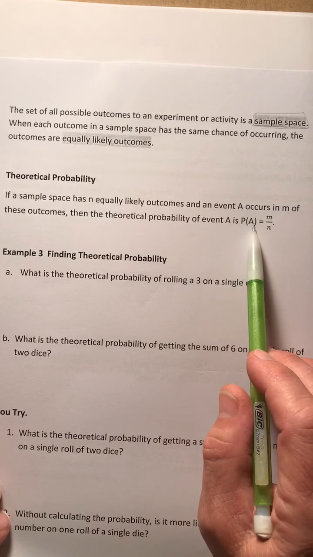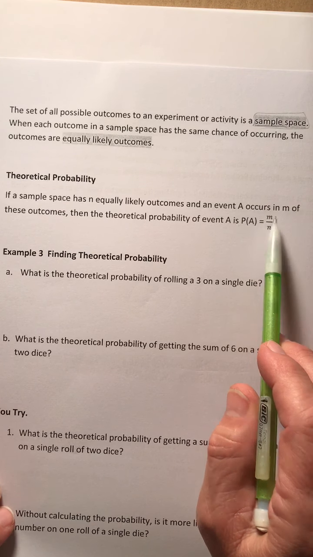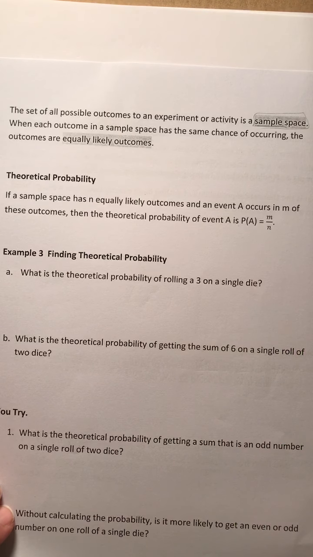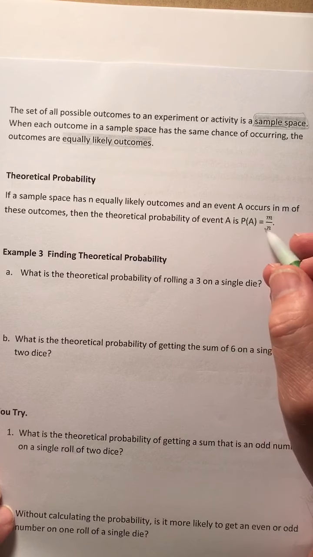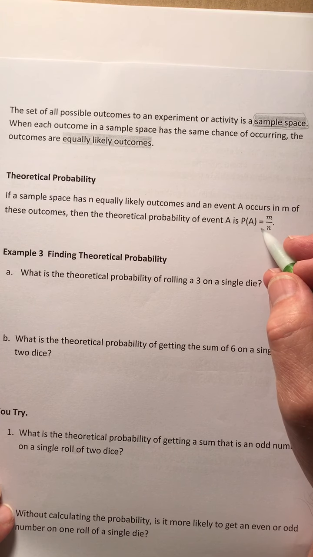So, the probability of something happening is the number of times that it can happen over the total number of times that anything can happen. Okay, so that's basically what theoretical probability is. It's just in theory.